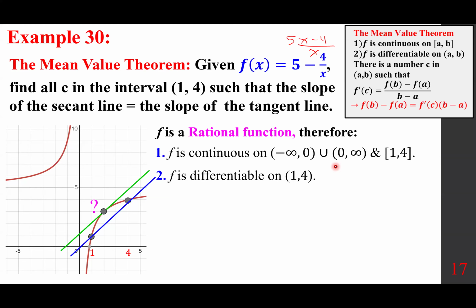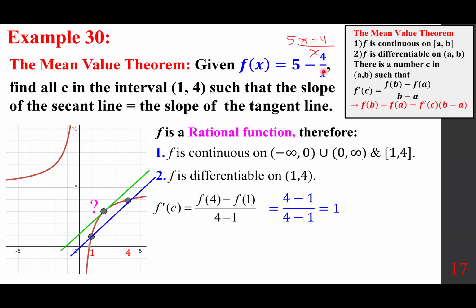So having said that, f prime of c is f of 4 minus f of 1 over 4 minus 1. If I plug in 4, it's easier here. I get 1. 5 minus 1 is 4. If I plug in 1, I get 4. 5 minus 4 is 1.